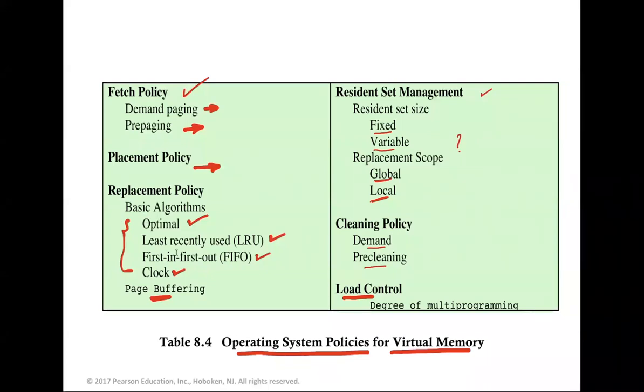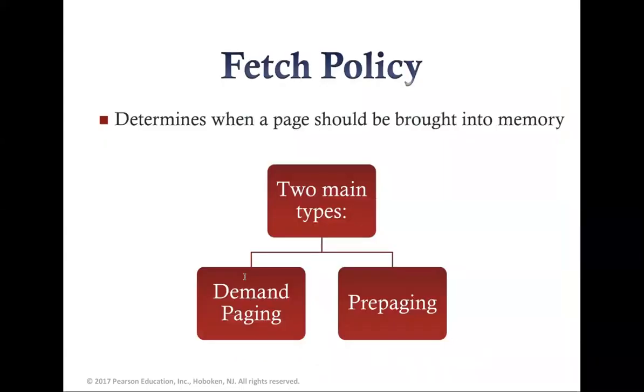Now let's talk about the first policy in efficient virtual memory management, which is fetch policy. The fetch policy actually determines when a page should be brought into main memory. The two common alternatives for fetching a page into the main memory are either demand paging or pre-paging.